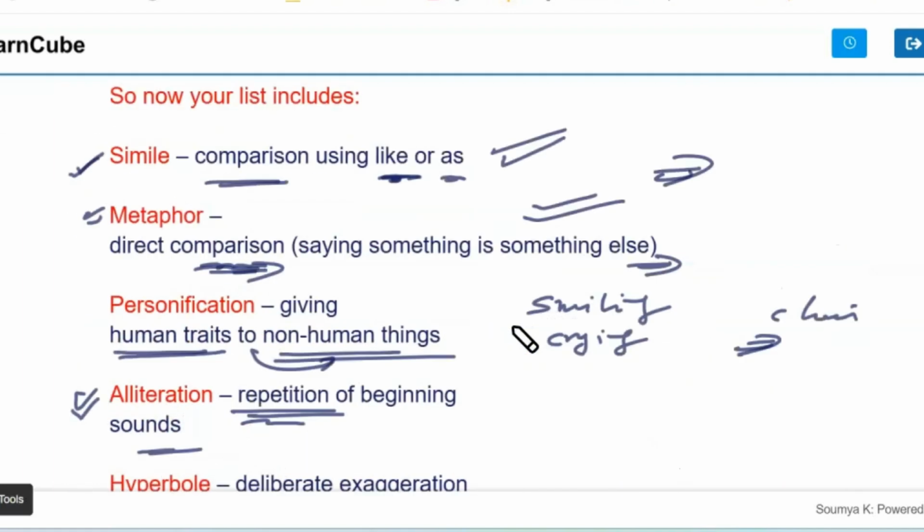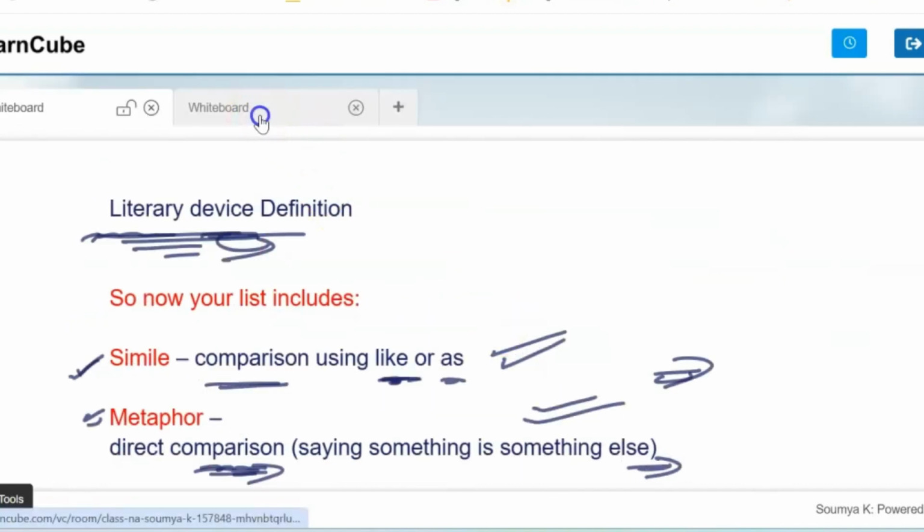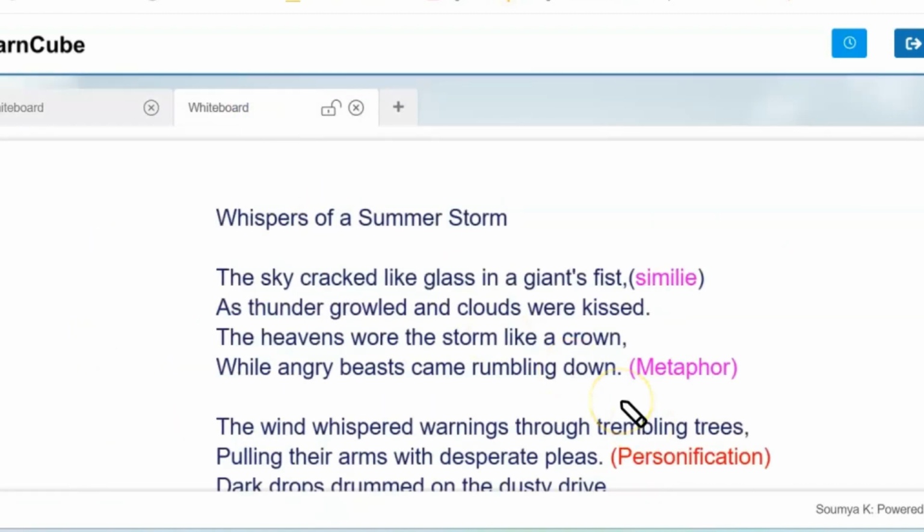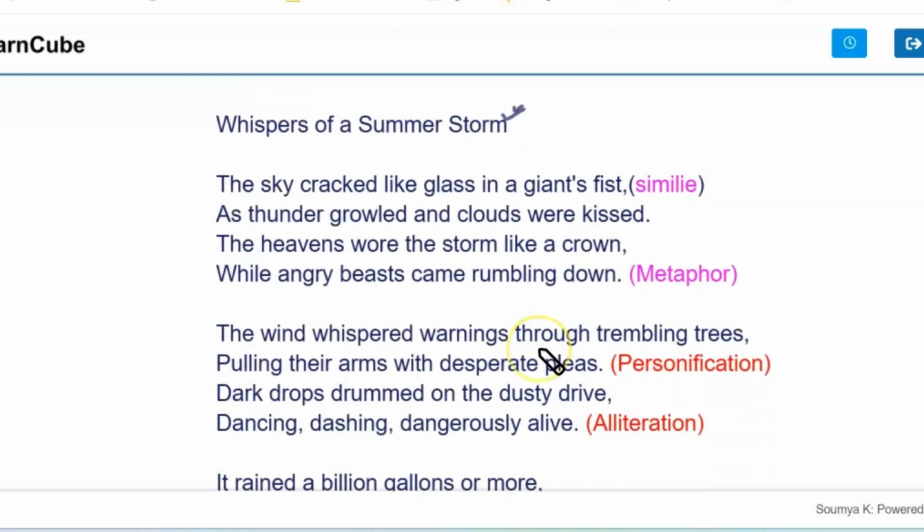Let's see a poem where this is being explained. So the poem "Whispers of the Summer Storm" is given here, where you can see different lines. Let's read the first line. The sky cracked like glass in a giant's fist. Giant's fist is being compared to sky, which cracked like the glass.